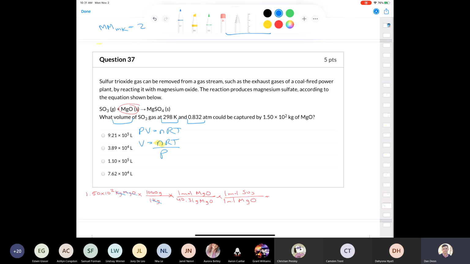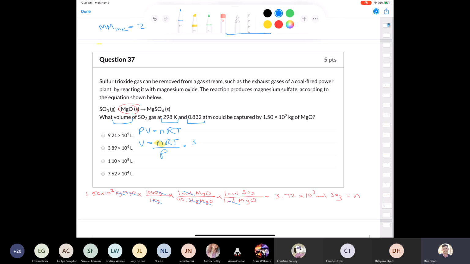Kilograms of magnesium oxide, grams, moles, cancel. I would be left with the number of moles of sulfur trioxide, which is 3.72 times 10 to the 3 moles of SO3. Now I have the number of moles, so I can plug that into my ideal gas equation.